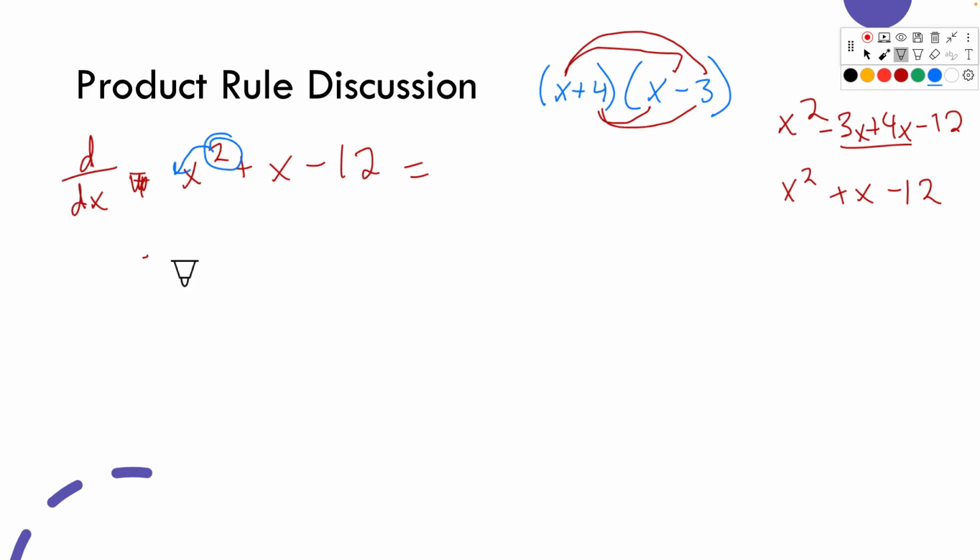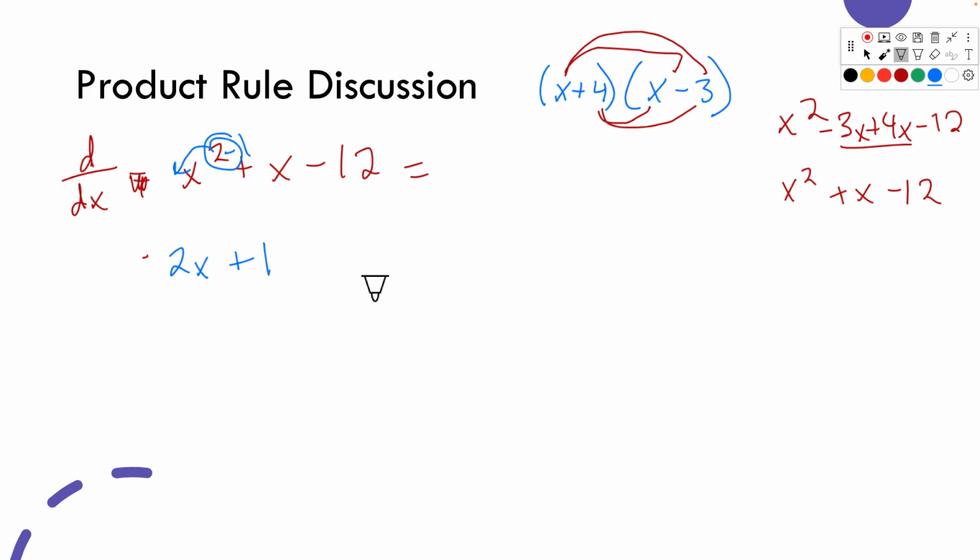Two comes down, 2x, subtract 1, 2x to the first power. Derivative of x is 1. Derivative of negative 12, 0. So now we know that this derivative is supposed to be 2x plus 1, because we've done these kinds of things, right? Just take a quadratic, take its derivative, no problem.